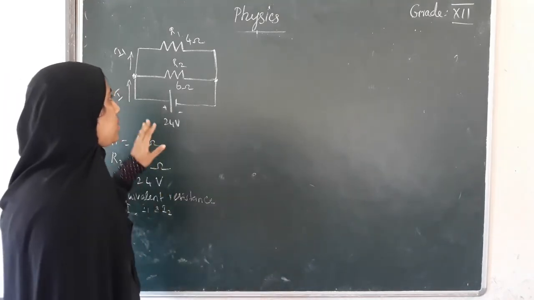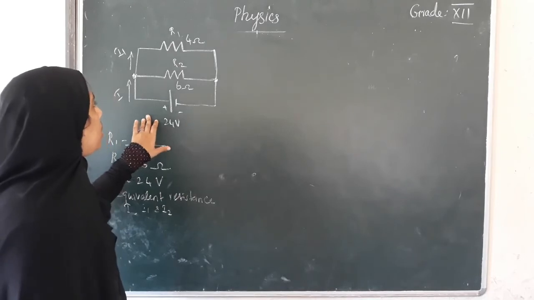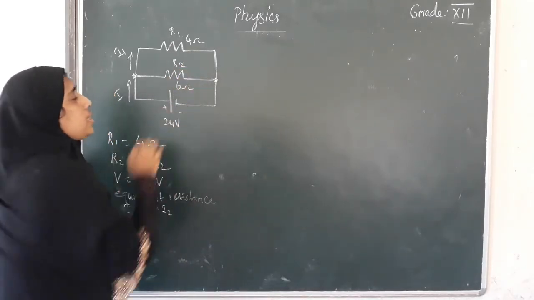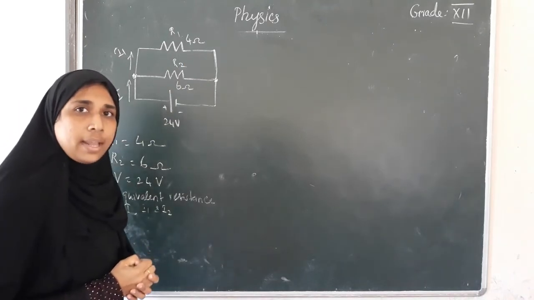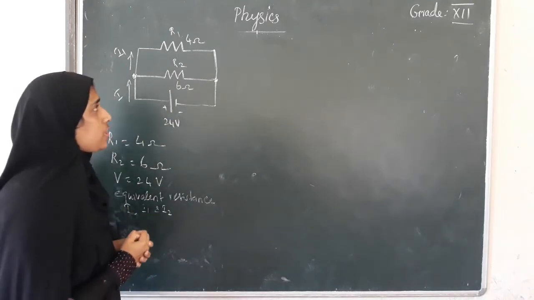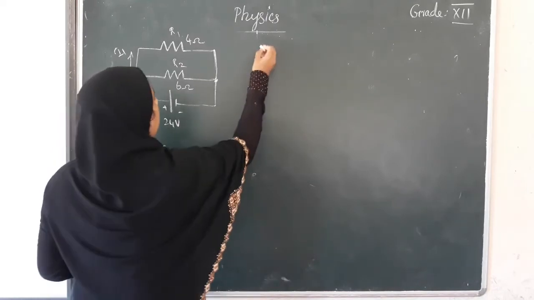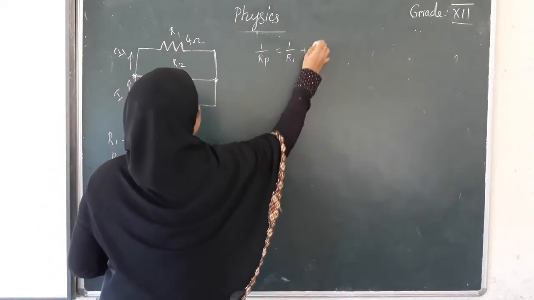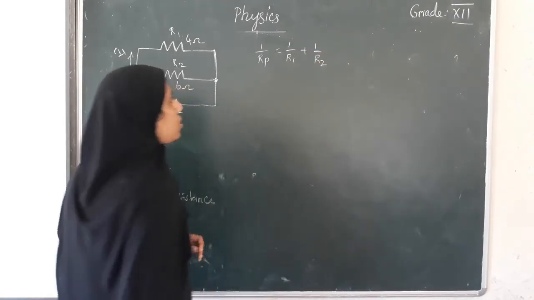Look at this circuit diagram. Here the two resistors are connected in parallel. So what is the effective resistance? 1 by Rp is equal to 1 by R1 plus 1 by R2.